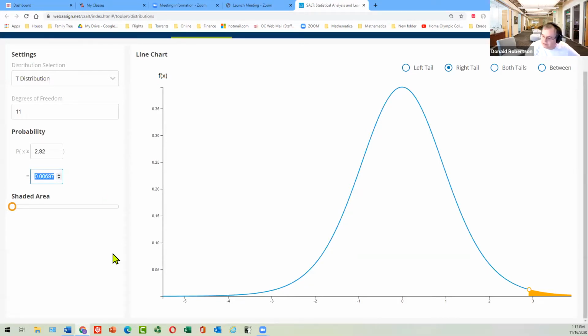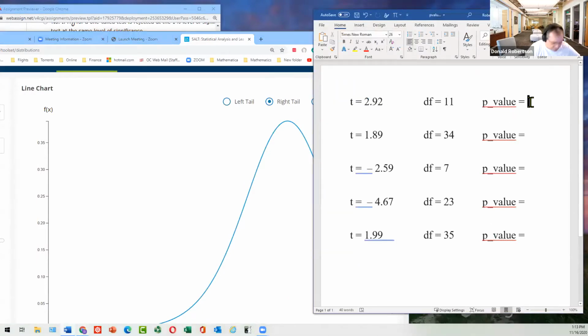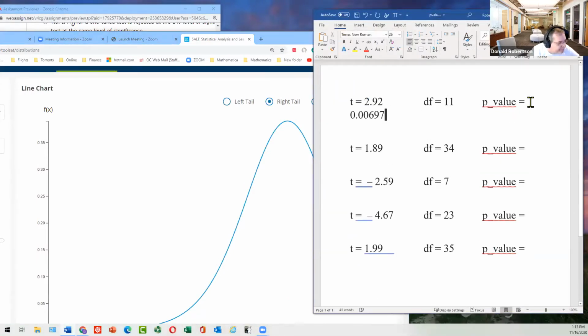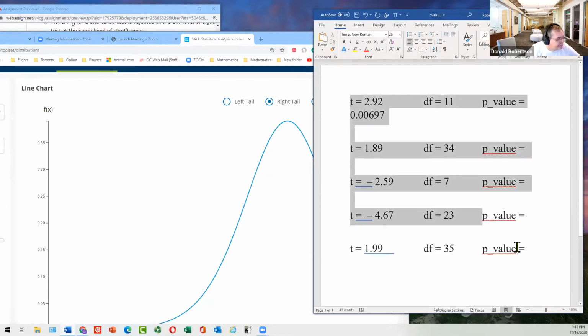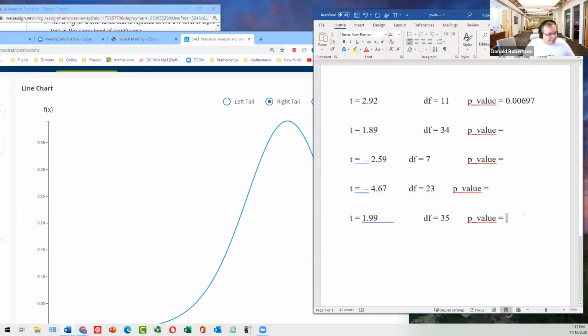That's your p-value. So in this case, it's 0.00697. There you go. Right, do you see how I got that guy?